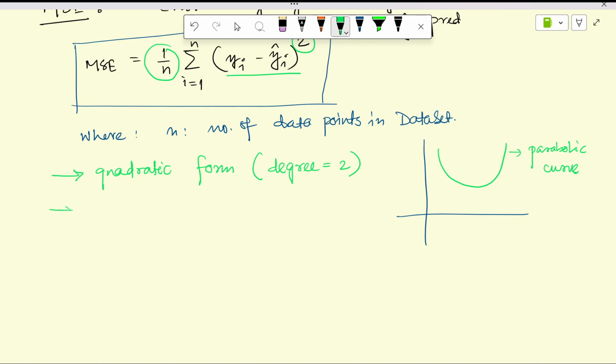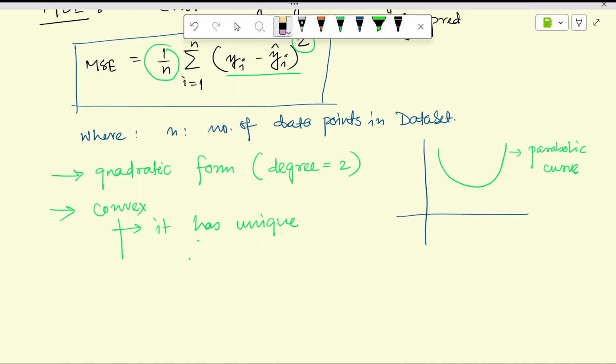This curve has one very interesting feature: it is convex, and in a convex curve we get a unique minimum.